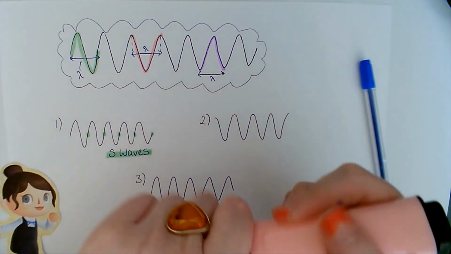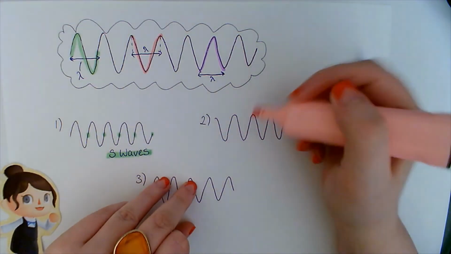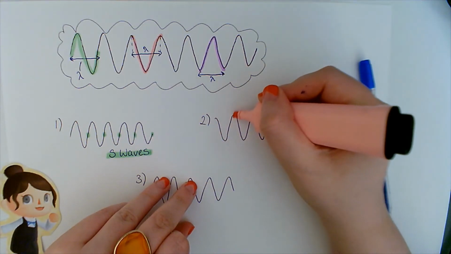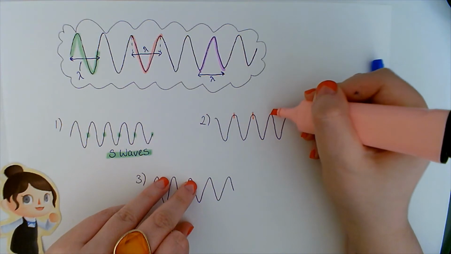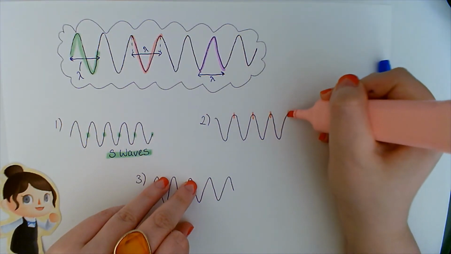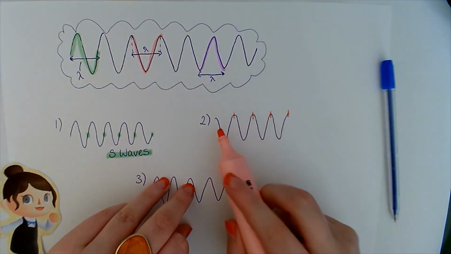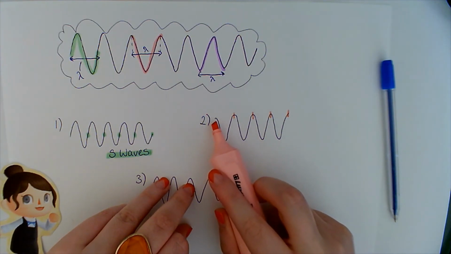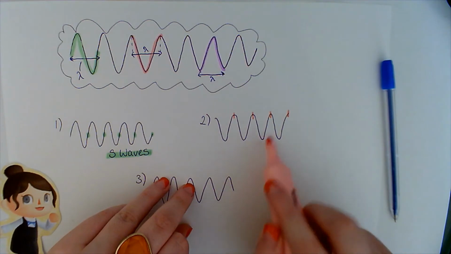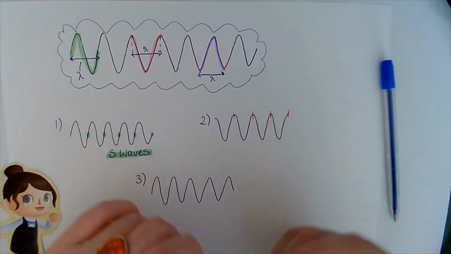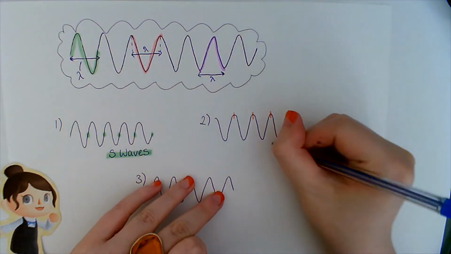So we're starting at a crest, so I'm going to go from crest to the next crest. That's 1, 2, 3, 4. So I've got 4 waves in this wave train because I have 4 complete waves going from crest to crest, crest to crest, crest to crest, crest to crest. So I'll write that down as 4 waves.